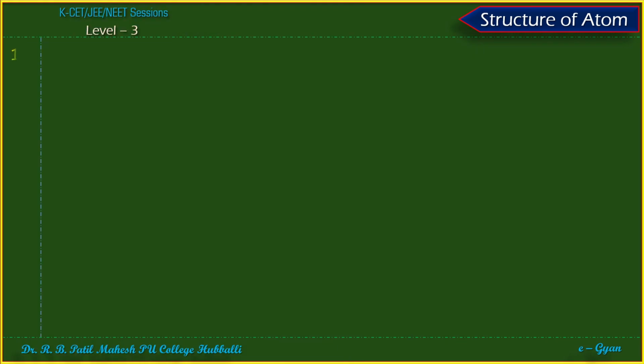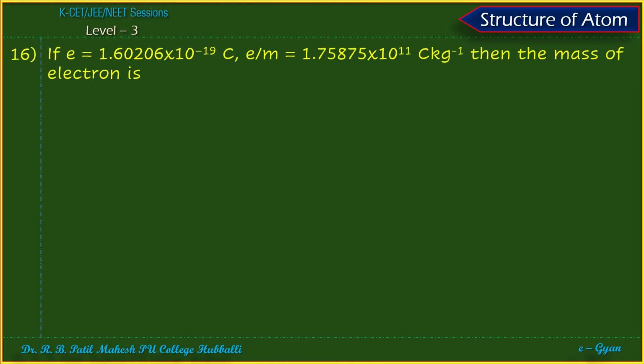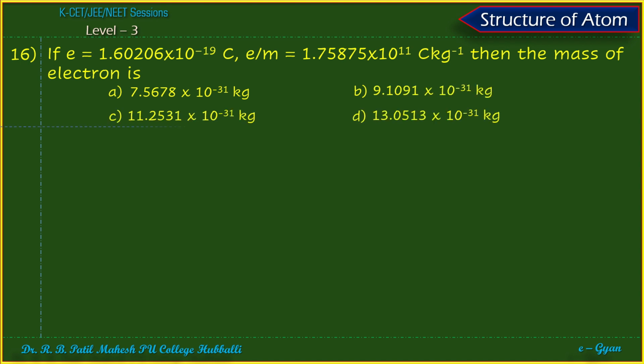Moving to the next one, question number 16. If charge of electron is 1.60206 into 10 to the power minus 19 coulomb, charge to mass ratio is 1.75875 into 10 to the power 11 coulombs per kg, then the mass of electron is, there are 4 options given. Dear students, there is a simple way to calculate mass of electron.